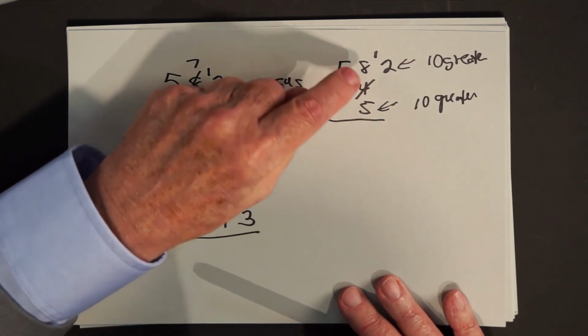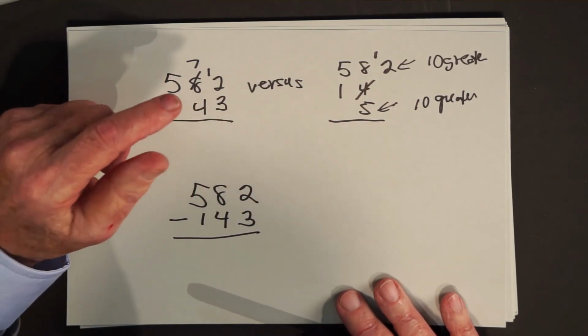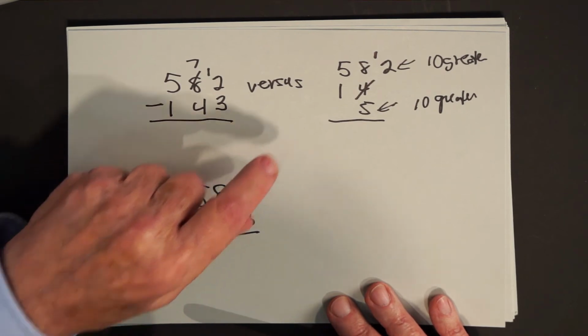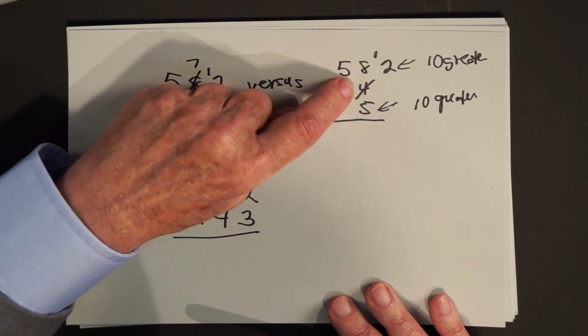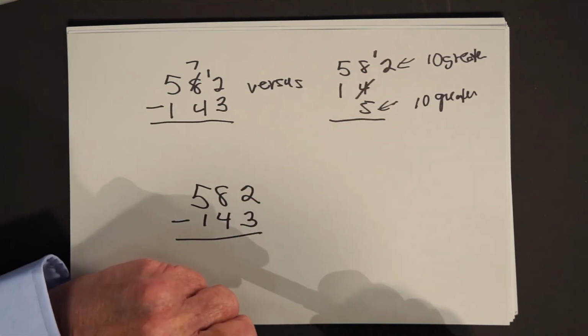If we increase both numbers by the same amount, the gap doesn't change. So in other words, subtracting 143 from 582 is the same as subtracting 153 from 592, that is, 5 hundreds, 8 tens, and 12 ones. But again, the beauty of the system is that if you understand what's happening, then you're not perplexed if somebody else does it a different way.